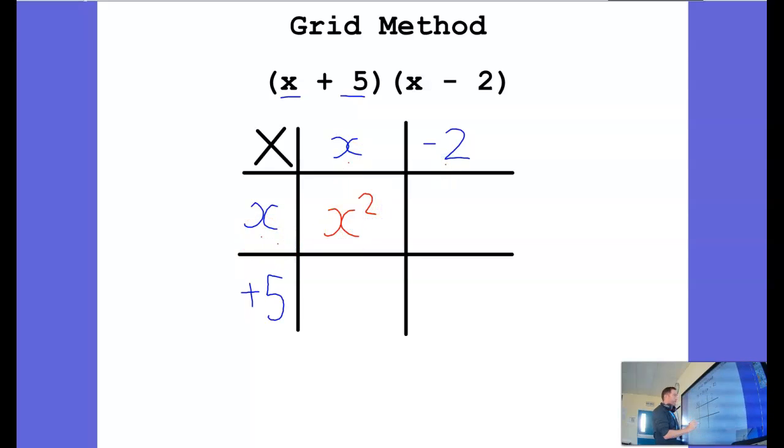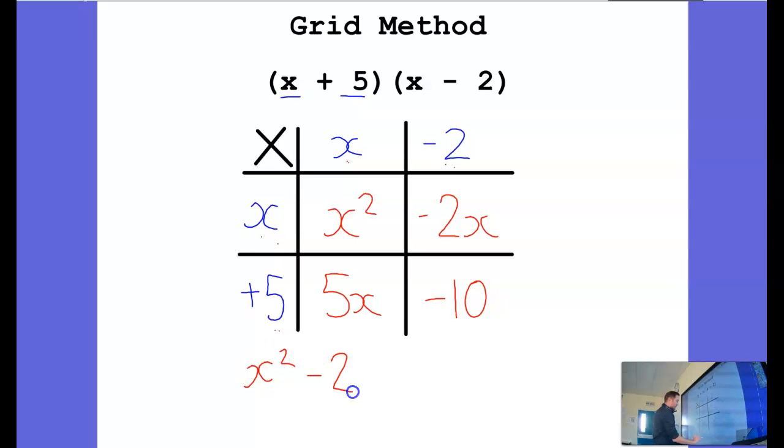X times minus 2 is minus 2x. 5 times x is 5x, or plus 5x if you prefer, and 5 times minus 2 is minus 10. Now we're going to add all these pieces together. So I've got x squared minus 2x plus 5x minus 10.